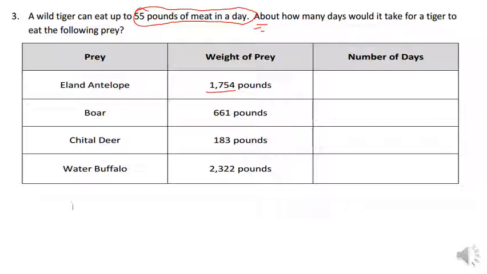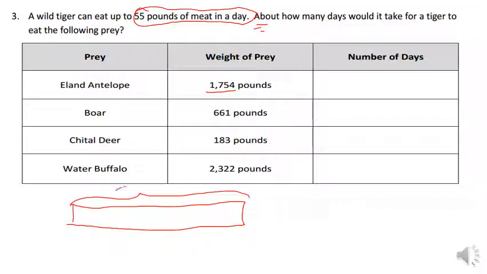So if I was to do tape diagrams, the top would all be total pounds, and then we know 1 day is 55 pounds, and we're wanting to know how many days.